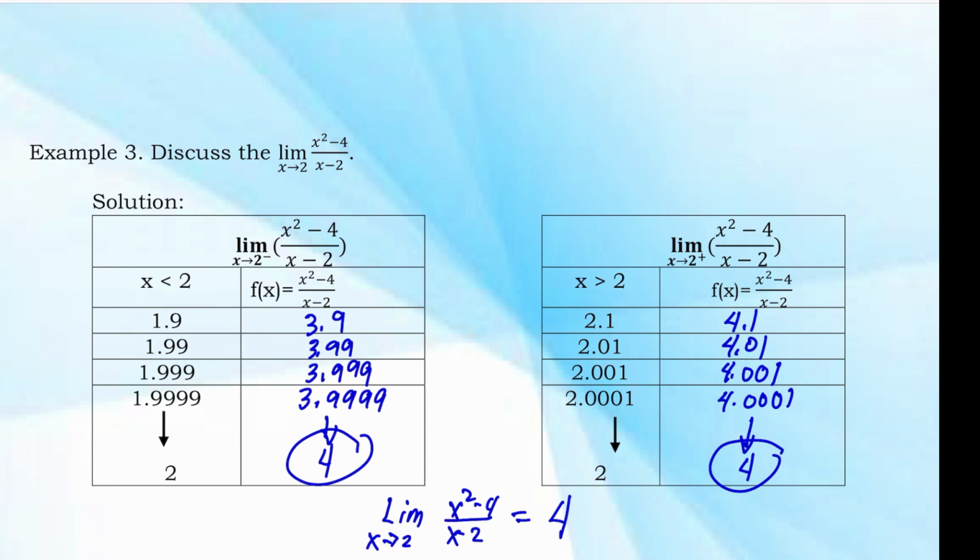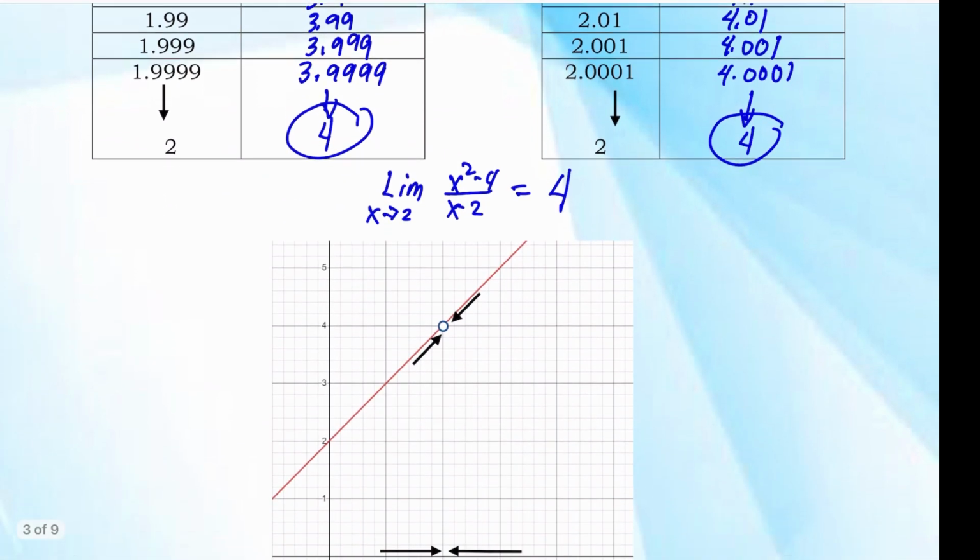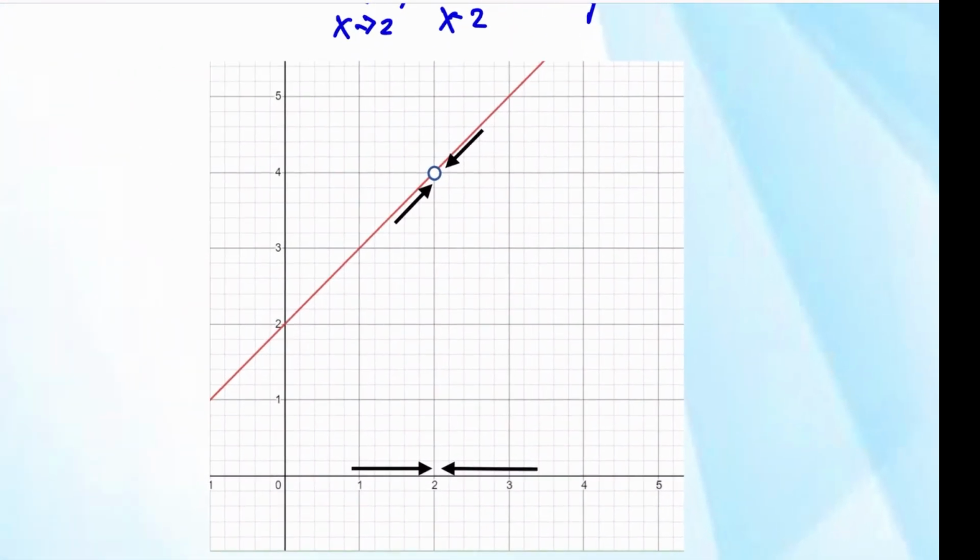But if we're going to graph this function, as x gets closer to 2, the function gets closer to 4. That's the graph of the given function.